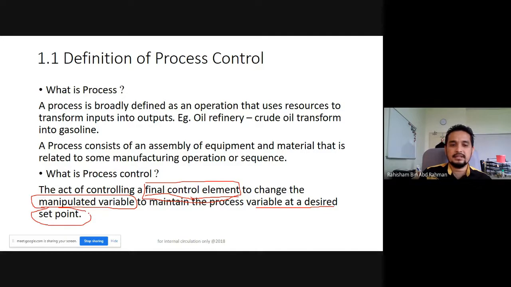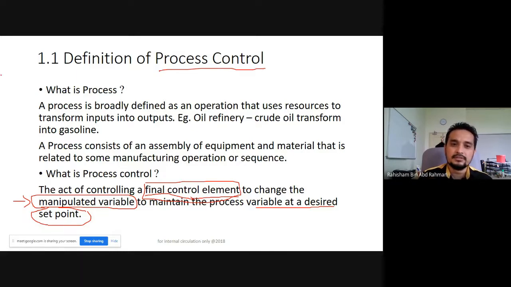This is another keyword there: set point. So we set the parameter. We predetermine the water level that we want to achieve. Then only can we change the manipulated variable. Without the set point, you cannot achieve what is termed process control.